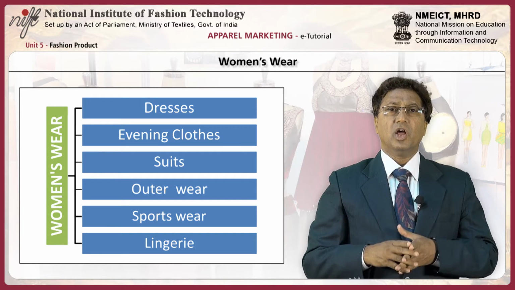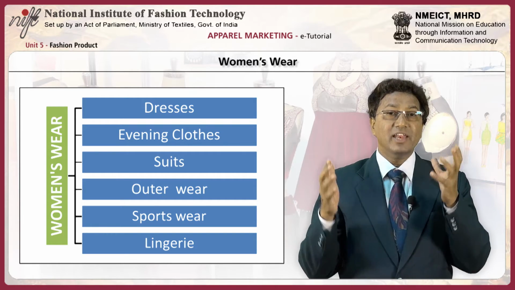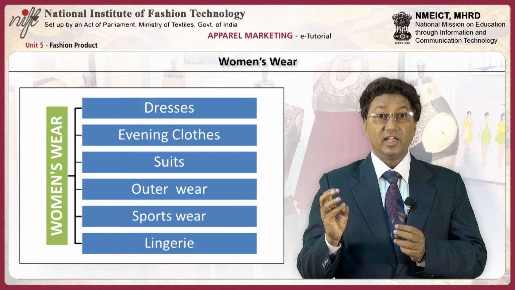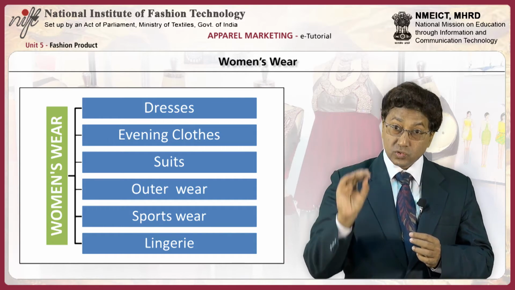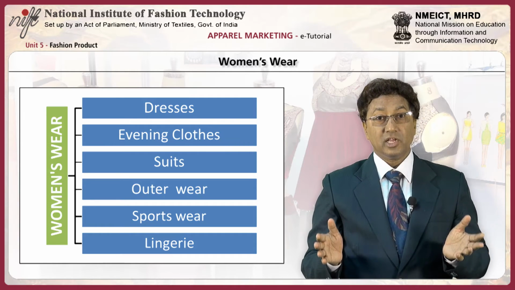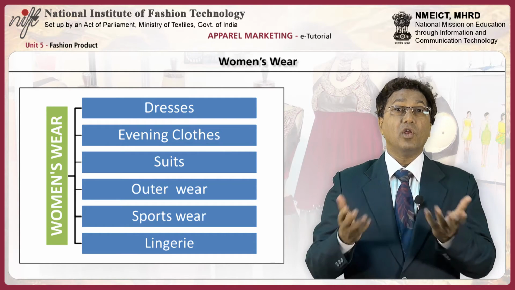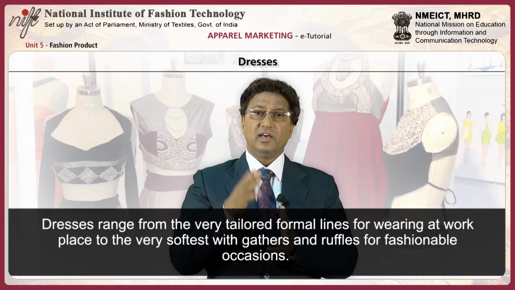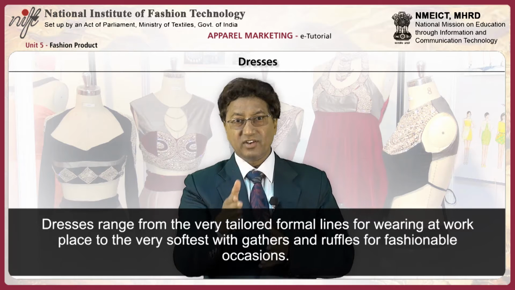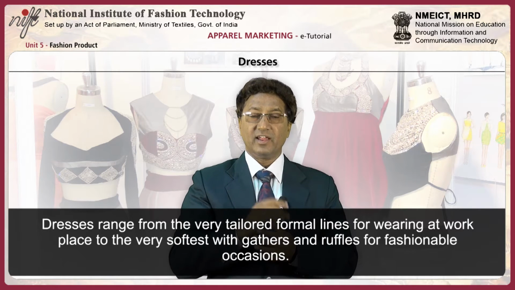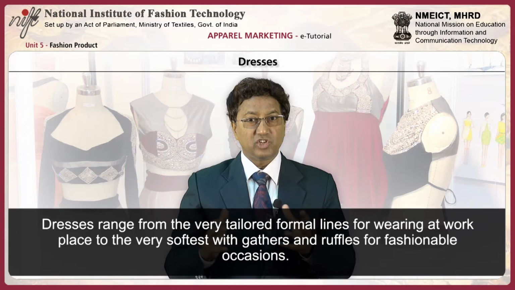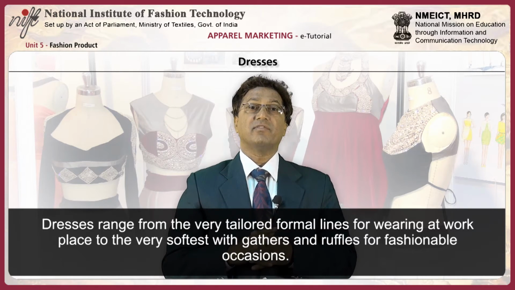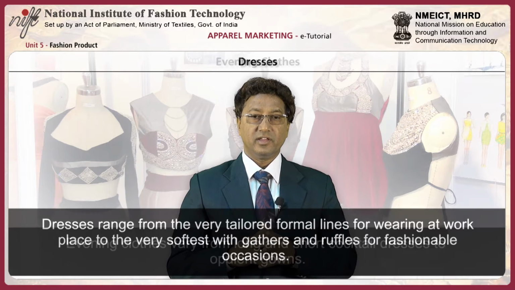For example, women's clothes have many classifications, including dresses, evening clothes, suits, outerwear, sportswear and lingerie. Let us see one by one. Dresses range from the very tailored formal lines for wearing at a workplace to the very sophisticated, with gathers and ruffles for fashionable occasions.